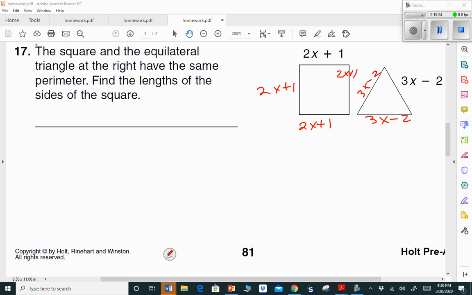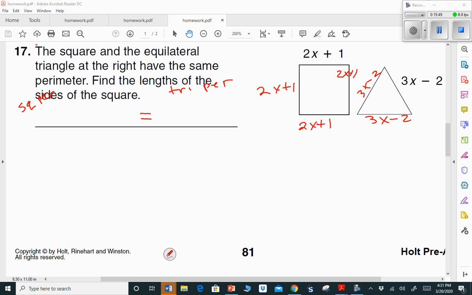Now let's go back to what the question said. The square and the equilateral triangle at the right have the same perimeter. Perimeter is the distance around. They're equal. Let's put the square over here, the square perimeter, and the triangle perimeter over here.